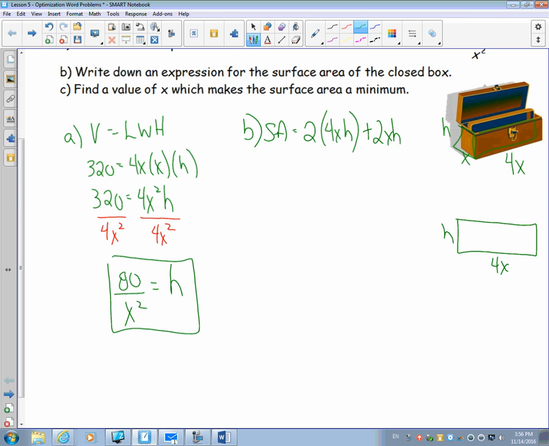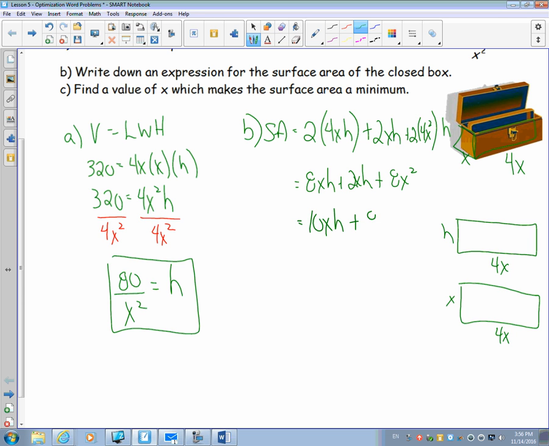And then we've got the bottom and the top, and those are each 4x by x. There's two of them, so 8x squared. We're going to simplify that a little bit. We'll get 8xh plus 2xh plus 8x squared. Or in other words, the surface area can be given by 10xh plus 8x squared. That's it for the surface area.